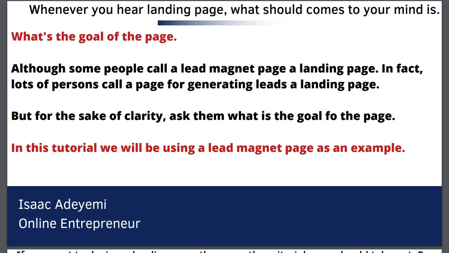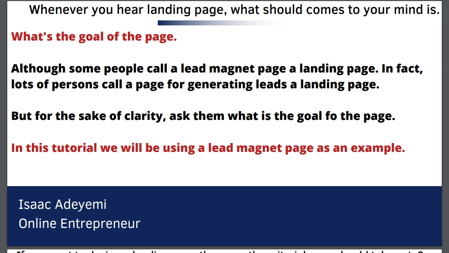I see that it is rampant online, even so-called bloggers and the rest who write information about landing pages say a lead magnet page is a landing page, which I don't see as such. But since they have labeled it that way, for the sake of clarity, just ask the person you are in discussion with what is the goal of the page.